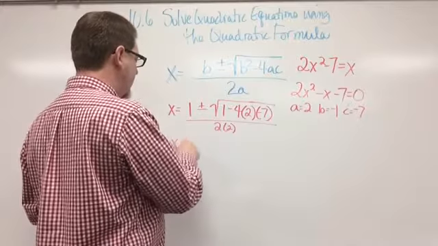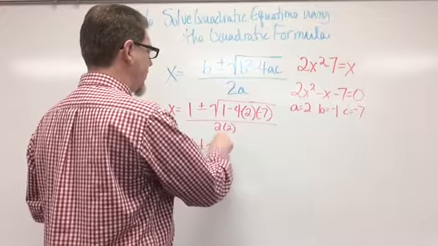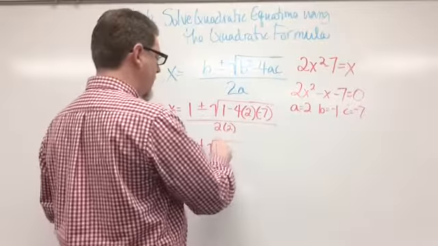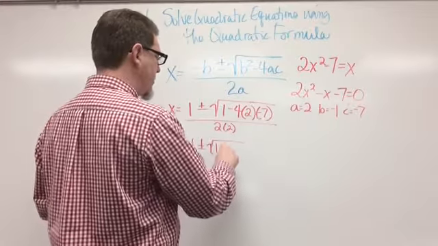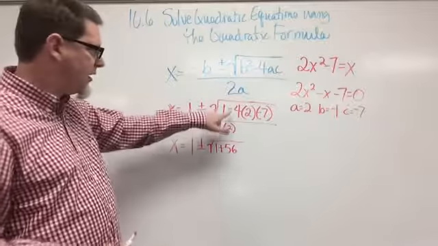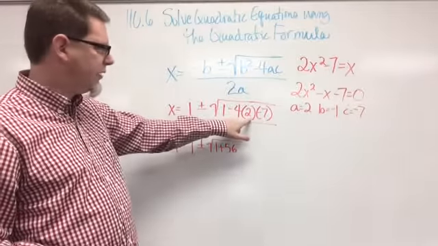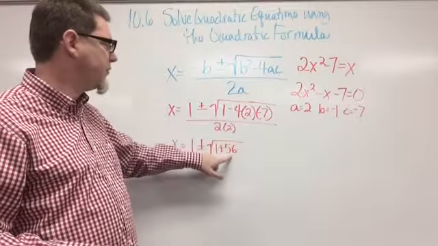So x equals 1 plus or minus the square root of 1, negative 4 times 2 is negative 8 times negative 7 is positive 56.